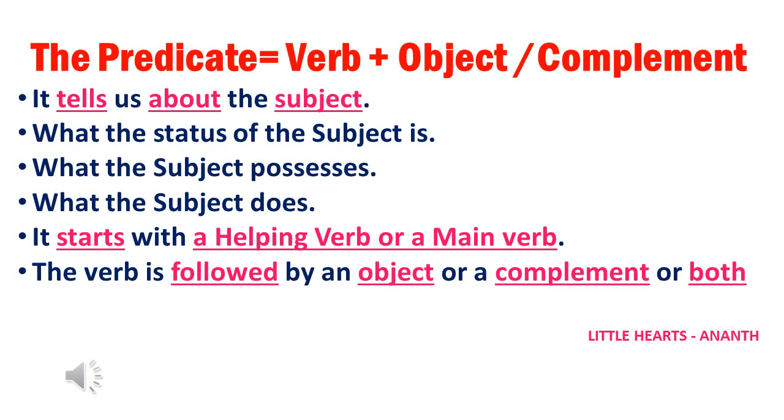In every sentence, the predicate starts with a helping verb or a main verb. The verb is followed by an object or a complement, sometimes both.